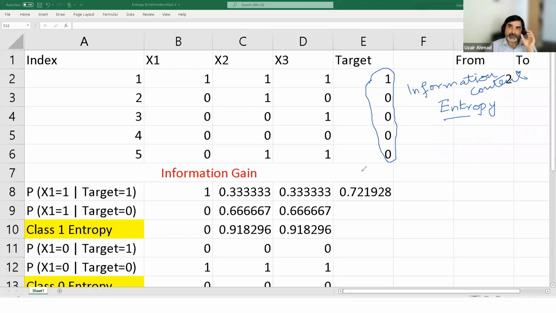If a traffic signal is always green, what's the use of that signal? If it is always red, what's the use of that signal? Unless the signal turns on and off, no use. So for a target variable, zero entropy means we are not interested in that variable at all.